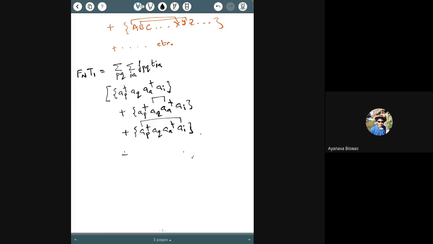Now let's look at the double contraction. So two contractions. That is basically the same two contractions, and this is multiplied with this. Okay, I hope you're not confused.